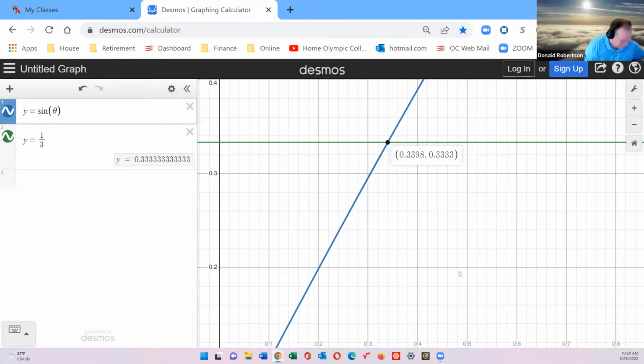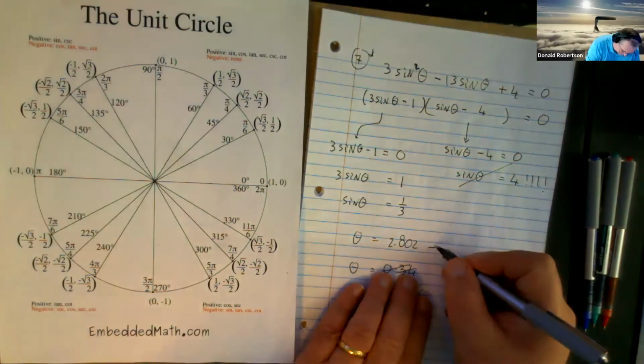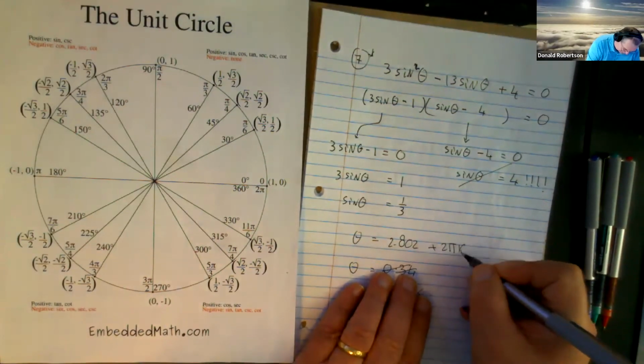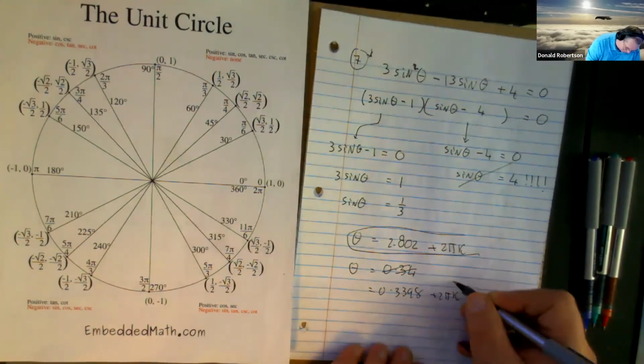So that's 0.3398. And I'll leave the other one. So you've got 2 answers, as accurate as you need to be, and I did them using Desmos. And that answer, you then add a 2 pi k to it. And this answer, you then add a 2 pi k to it.